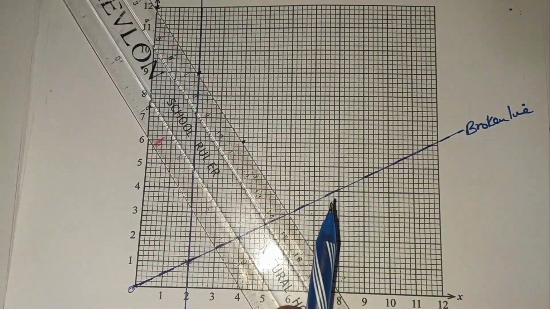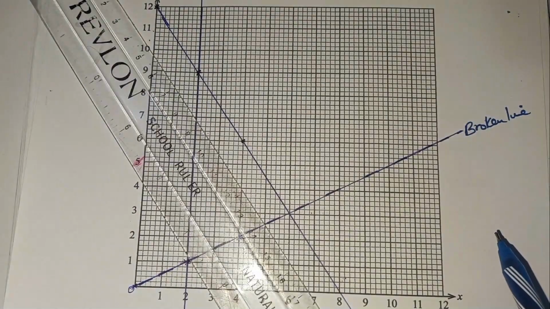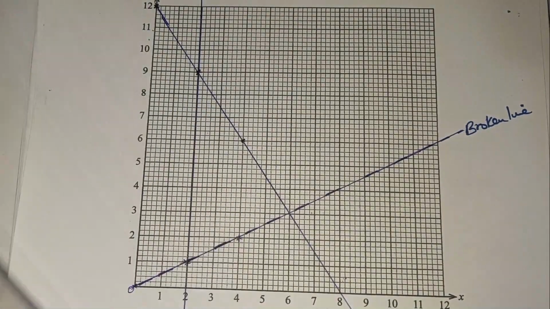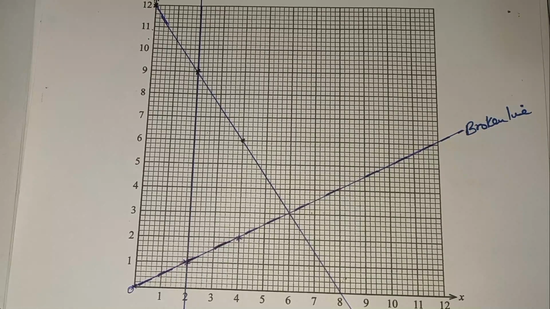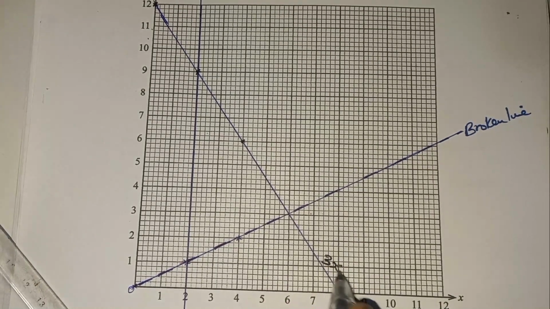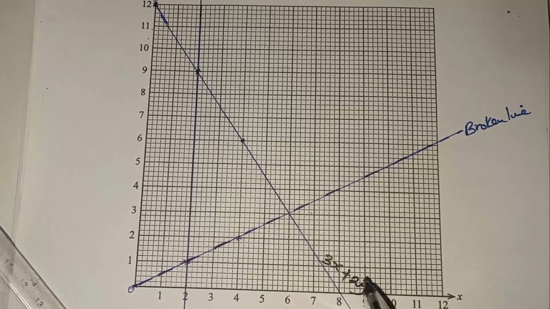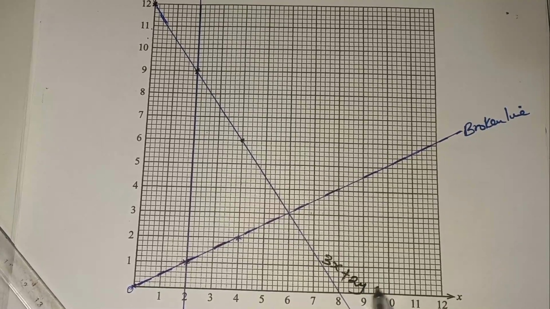That line should be continuous. It's good to write the equation of that line against it. So this is 3x plus 2y is less than or equal to 24.